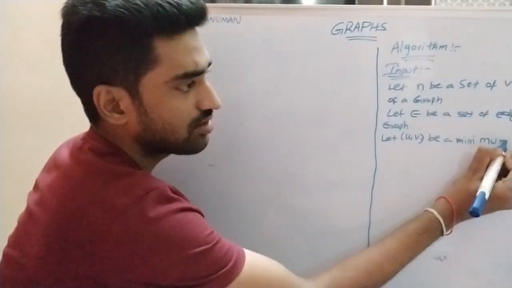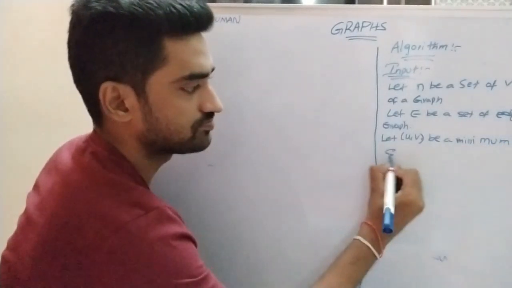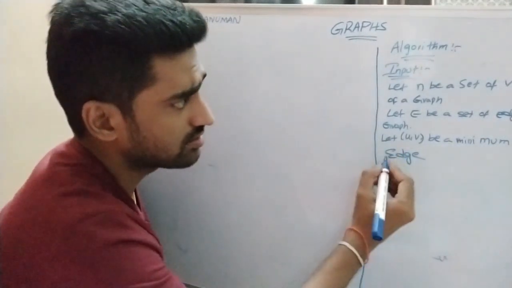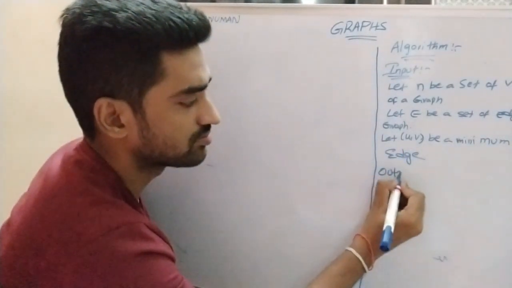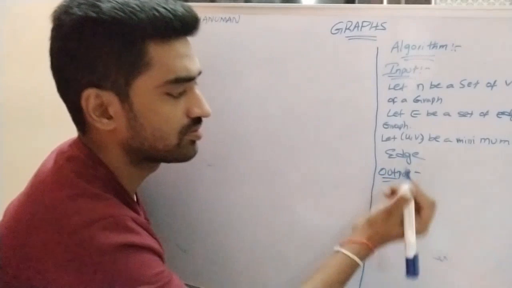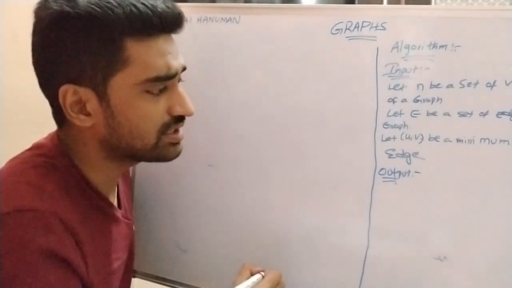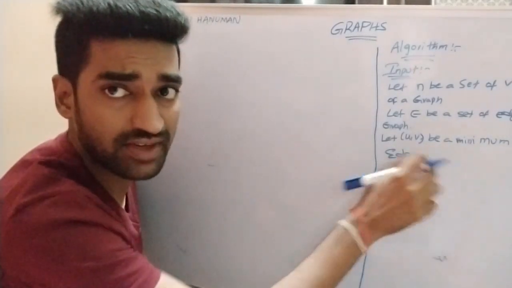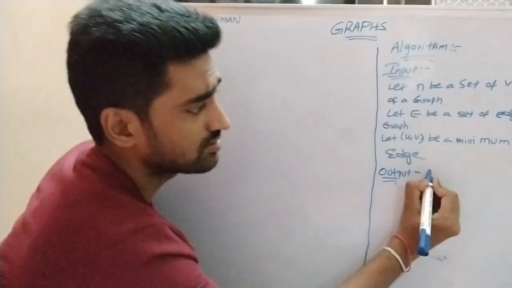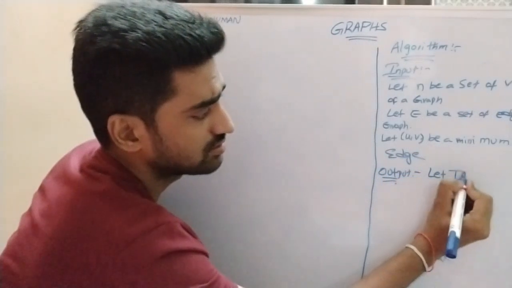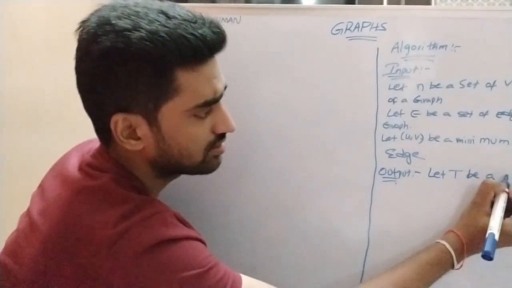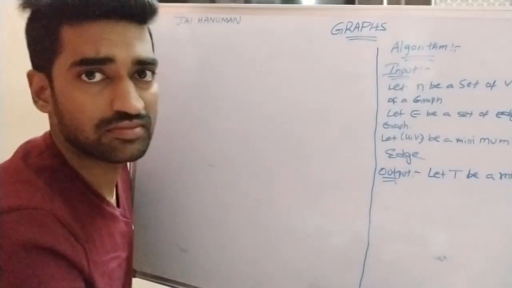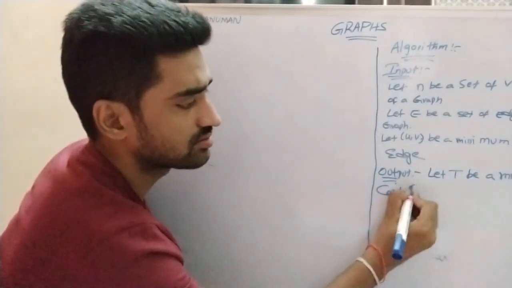Then I am writing the output. Finally, we can find the minimum cost spanning tree for a weighted graph, so that is our output. Let T be a minimum cost spanning tree.